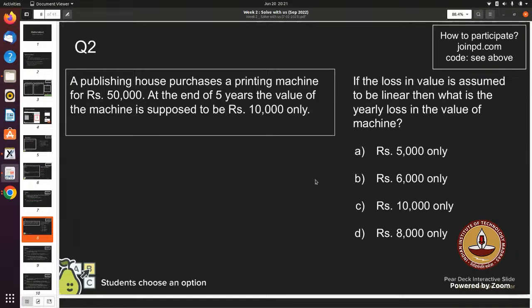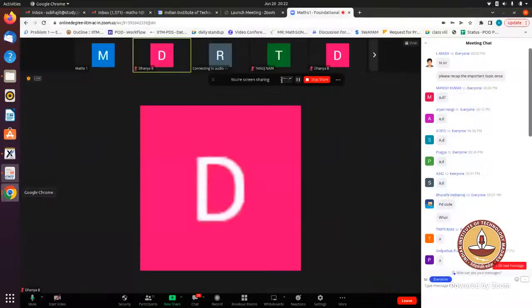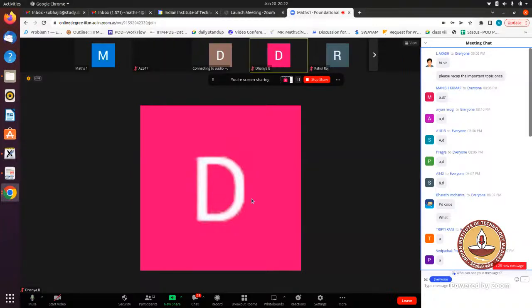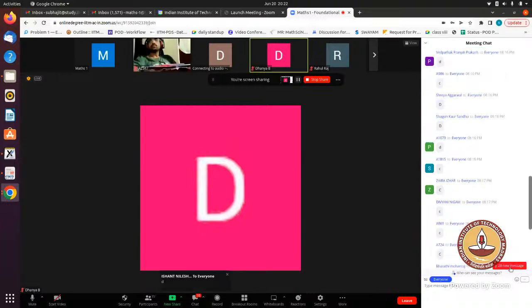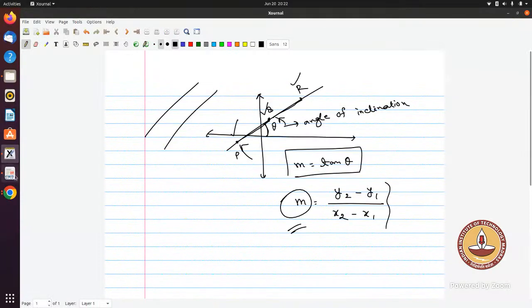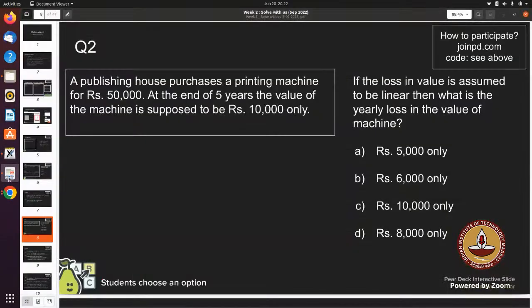So this is reach. Can you repeat what you are saying? So this is week 2 or week 4? Week 2. This is from straight line. These are all from straight line.